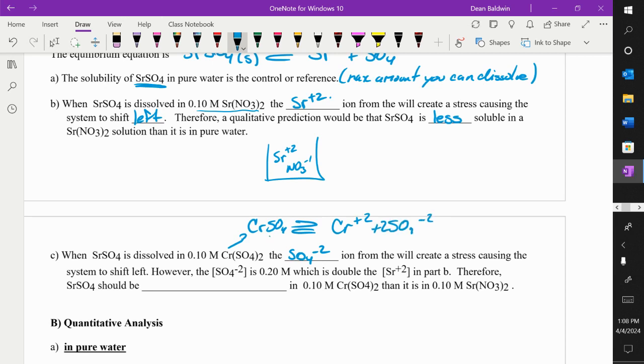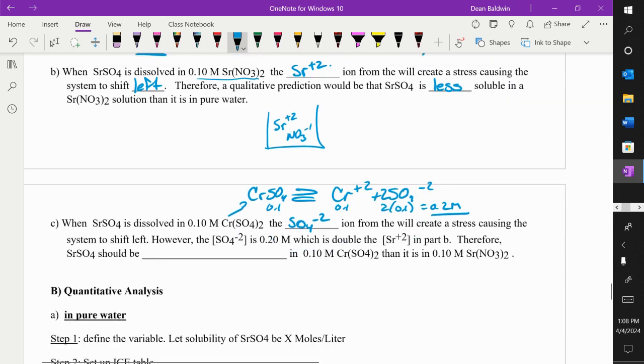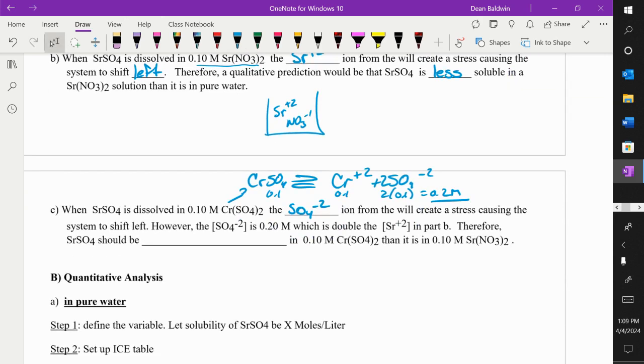So if this is 0.1, that's 0.1. This is 2 times 0.1. So it's double the concentration. So you have even more of the sulfate that is like, no, I'm pushing back even harder. So it'll be even less soluble than strontium nitrate, or it should be anyway.